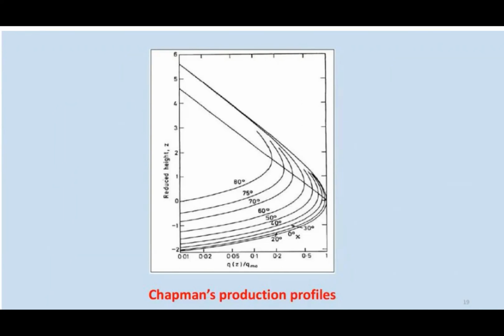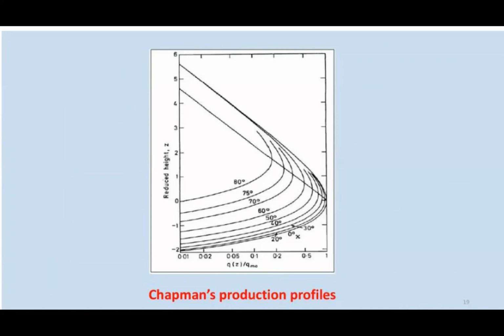They normalize the production rate with respect to that maximum, so everything is normalized, the y-axis and x-axis. So you get a maximum value at some particular height. Below that, there is a sort of parabolic type of variation, and above that production peak, the production decreases. This is called the production profile, that is, variation with respect to height.